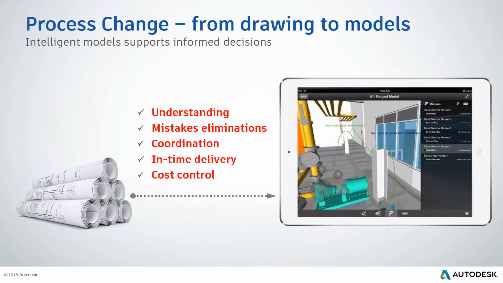And here I was talking about changing the process from 2D drawings to a 3D model. And I stopped at coordination, so we can coordinate everything in one model, and very easily we can control the clashes.